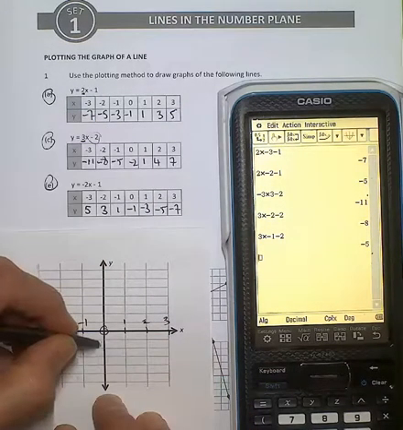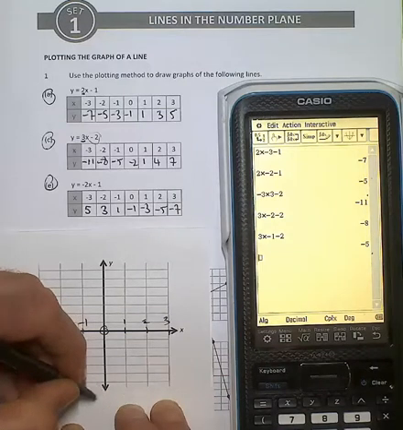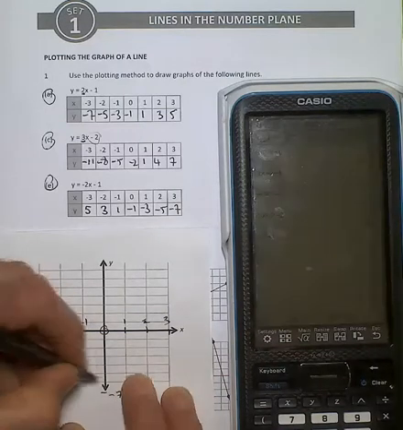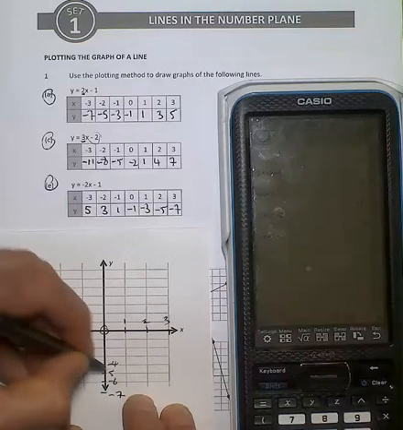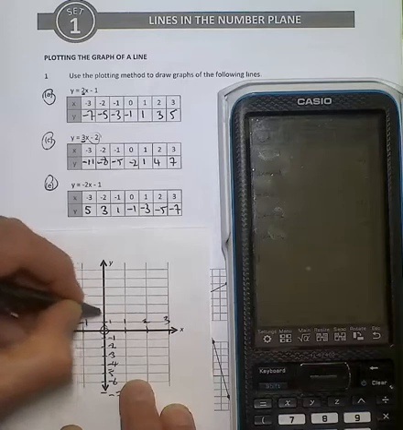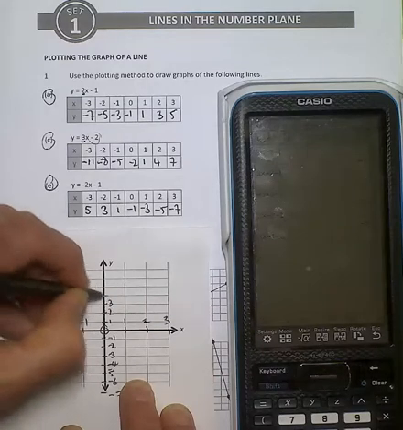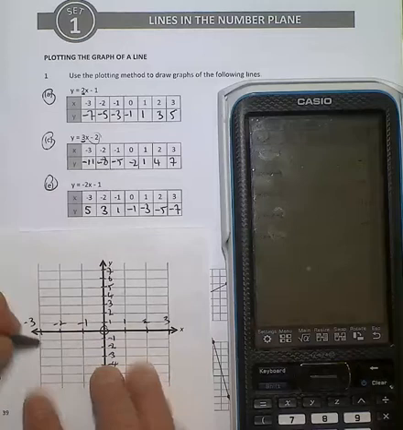Scaling this again, I can see just down to about -7 there, and then going through the progression.